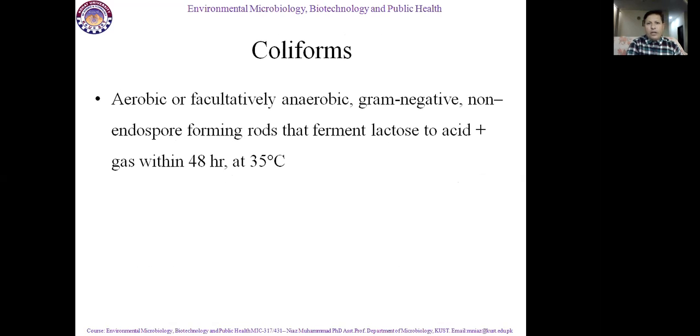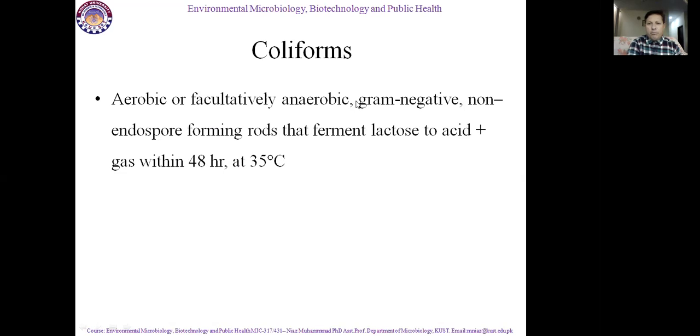So we will talk a little bit about coliforms. Coliforms are aerobic or facultative anaerobes, gram-negative, non-endospore forming rods that ferment lactose into acid and gas within 24 to 48 hours at 35 degrees C. Here is a typing mistake.